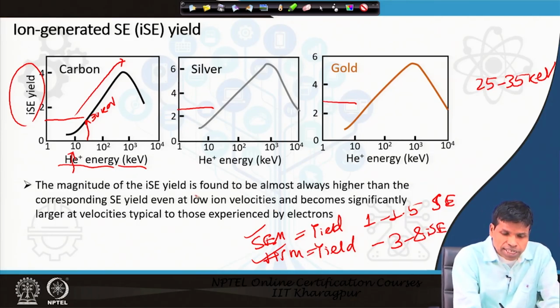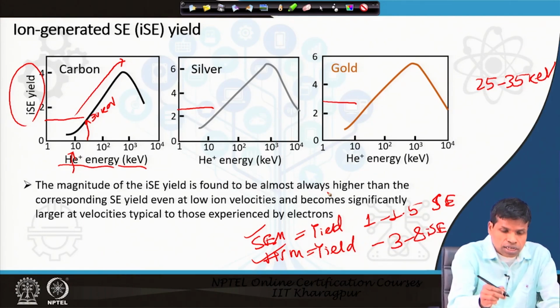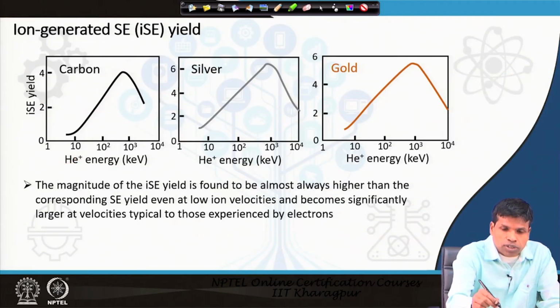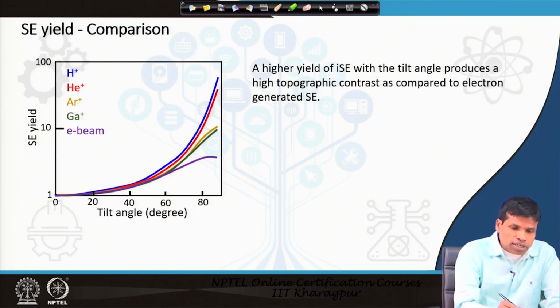The magnitude of the secondary electron yield is found to be almost always higher, even at low ion velocity, and then becomes significantly larger at higher velocity, much higher compared to electrons. If we compare the yield of secondary electrons, it is very important.